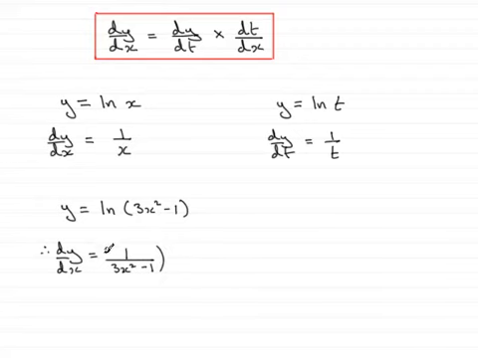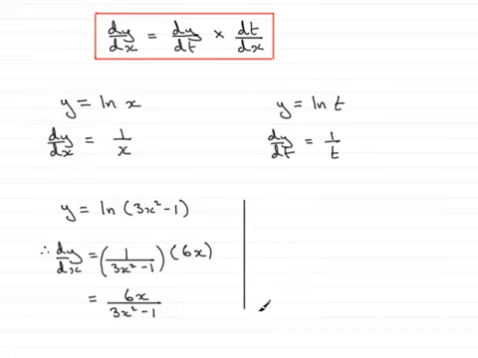And then according to the chain rule, I've got to multiply dy by dt by dt dx. I need to differentiate what I called t by x. So t was 3x squared minus 1 in this example, so timesing it by the differential of 3x squared minus 1 with respect to x gives me just simply 6x. And putting this together, 1 times 6x is 6x, and it's all over 3x squared minus 1.